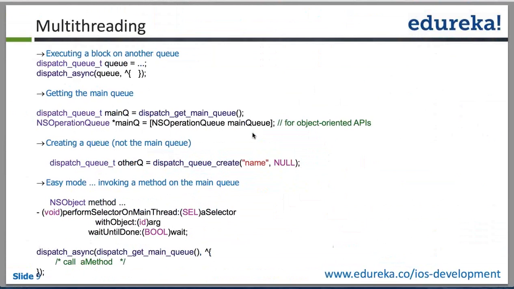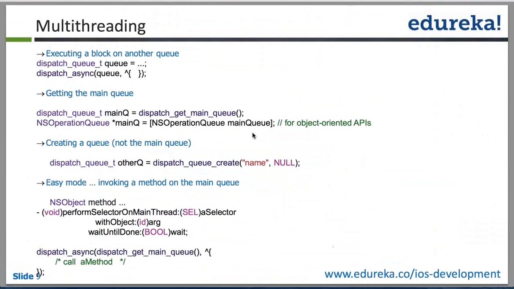So how are we going to do it in iOS or Objective-C? We have two ways. One is using operation queues. NSOperationQueue is also a wrapper. This is Objective-C based, but dispatch queues, or GCD, the Grand Central Dispatch API, is C based.